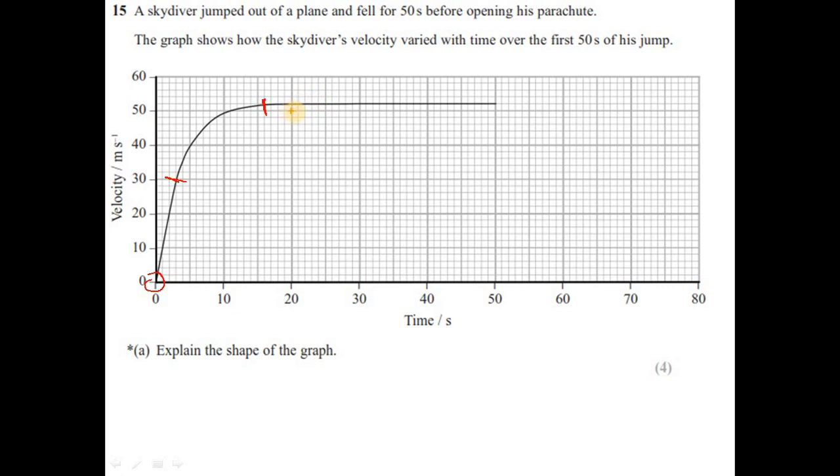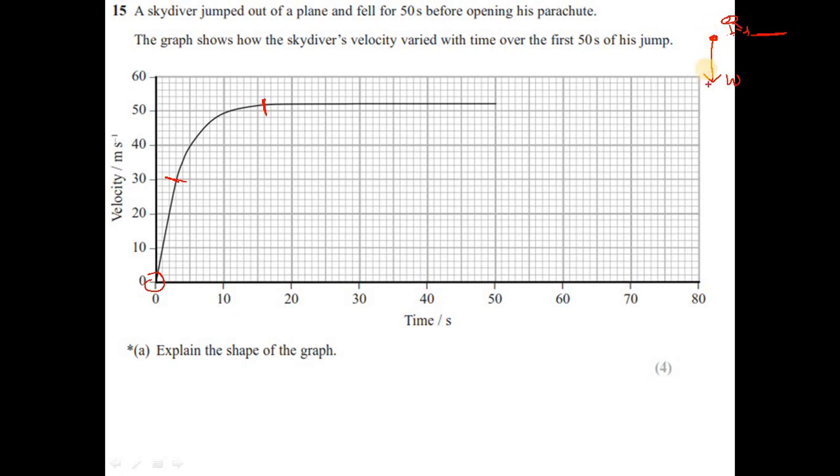So how would you explain these three regions? So when a skydiver jumps, at that moment, the only force acting on the diver is the weight, and there is no resistance at that moment.